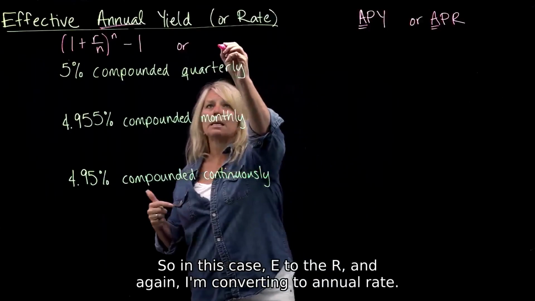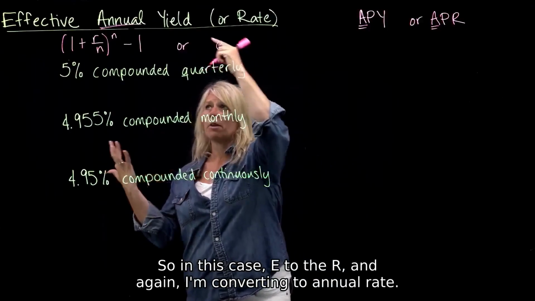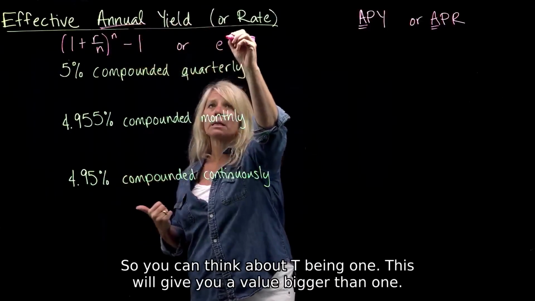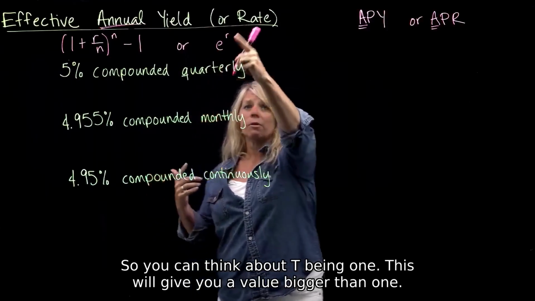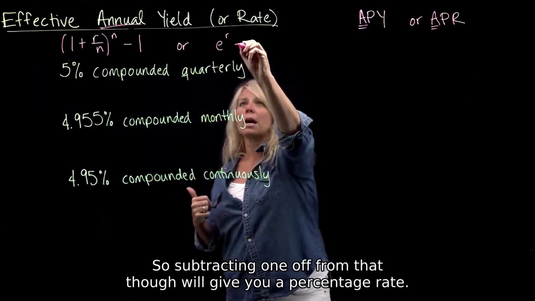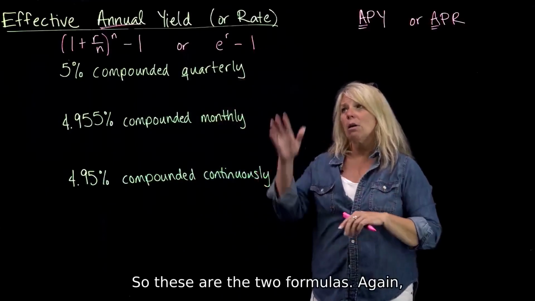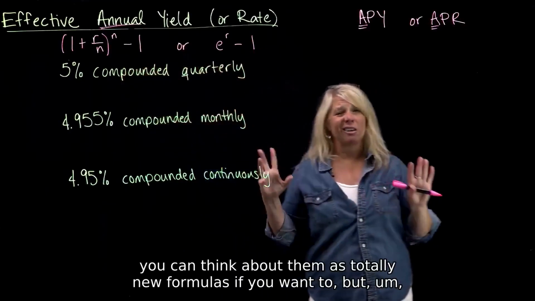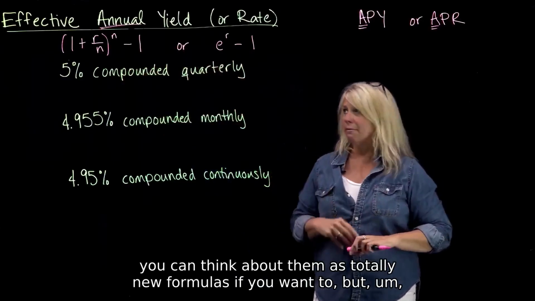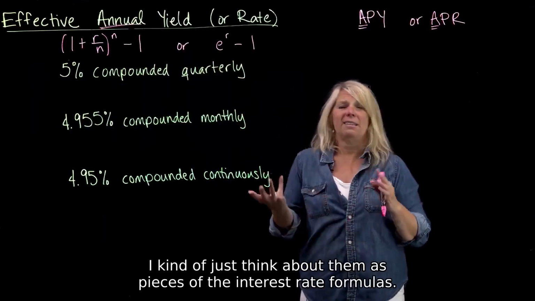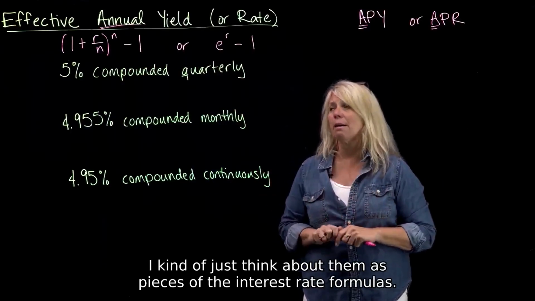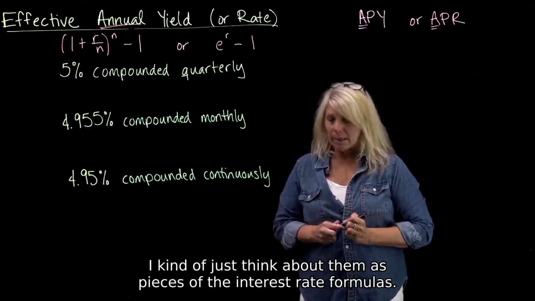So in this case, e to the r, and again, I'm converting to annual rate, so you can think about t being 1. This will give you a value bigger than 1, so subtracting 1 off from that will give you a percentage rate. So these are the two formulas. Again, you can think about them as totally new formulas if you want to, but I kind of just think about them as pieces of the interest rate formulas.